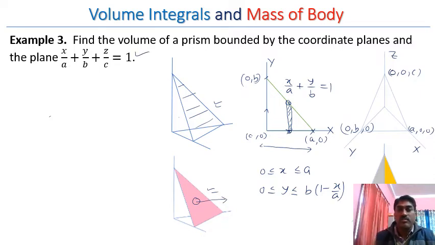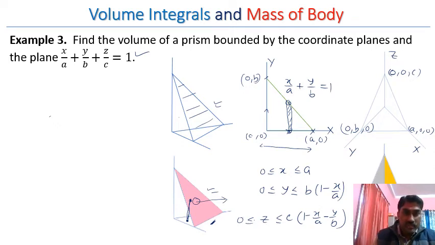On the xy plane, what is the value of z? z is 0. So z varies from 0 on the xy plane up to this plane, where at each coordinate point on the xy plane the corresponding height of z is c times 1 minus x by a minus y by b. So on this plane, the value of z is given by this. We have obtained all the limits.